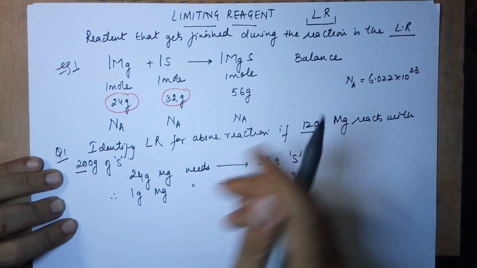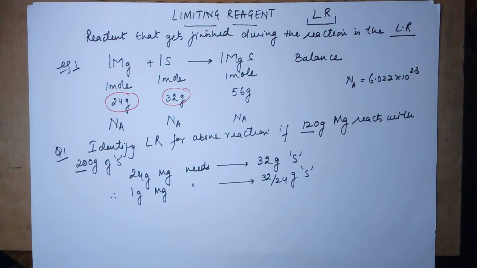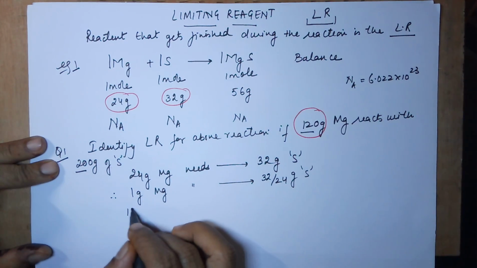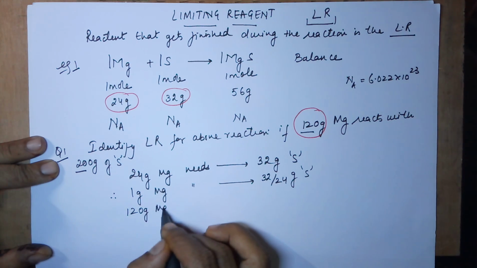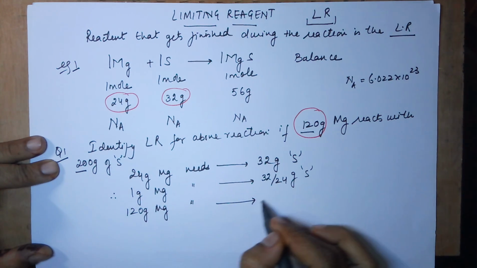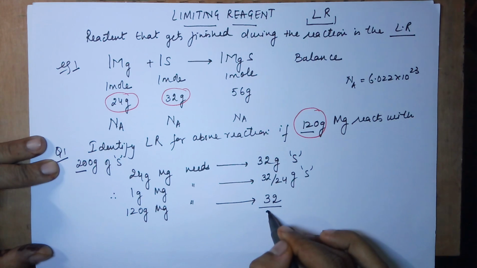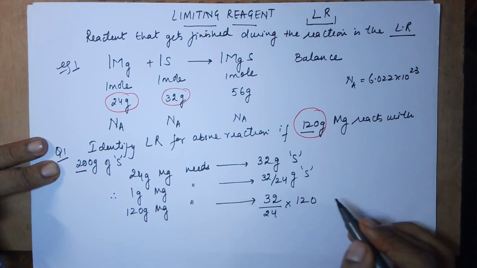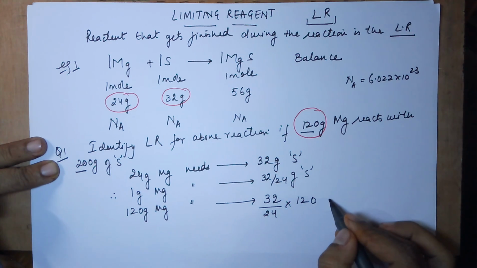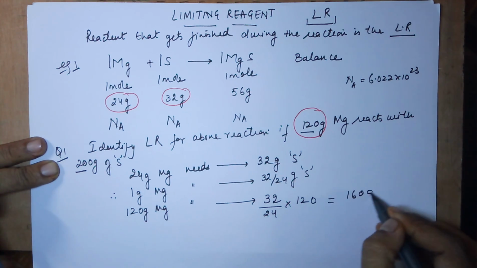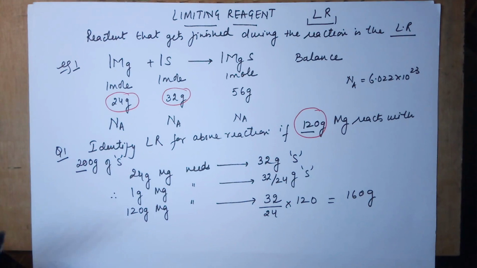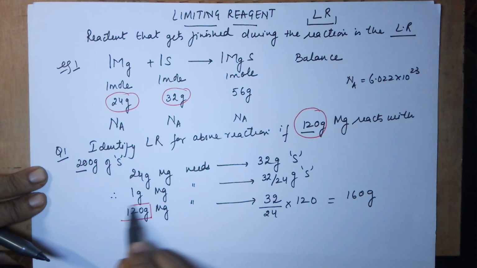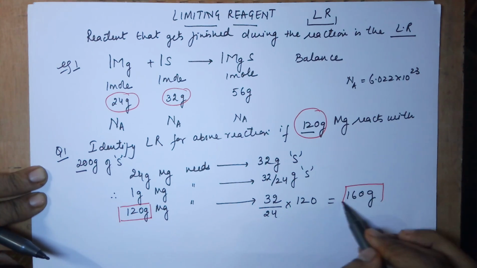Since I have available 120 grams of magnesium, for this 120 grams of magnesium, I would be requiring this much amount of sulfur. On calculation, this value comes out to be 160 grams. So your requirement of sulfur for this particular amount of magnesium is 160 grams.